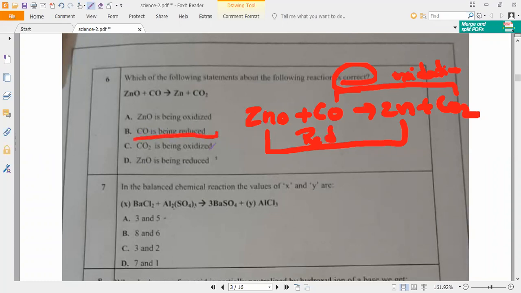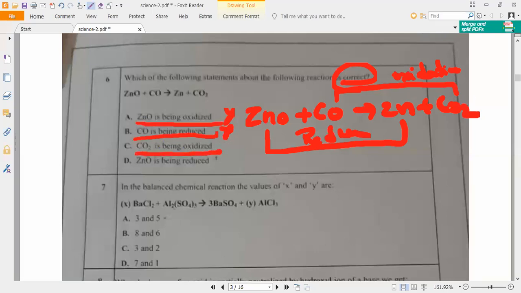So carbon monoxide is being oxidized. Option D is correct, they are asking which is correct. Zinc oxide is being oxidized? No, it is reduced. Carbon monoxide is being reduced? No, it is oxidized. CO2 is being oxidized?